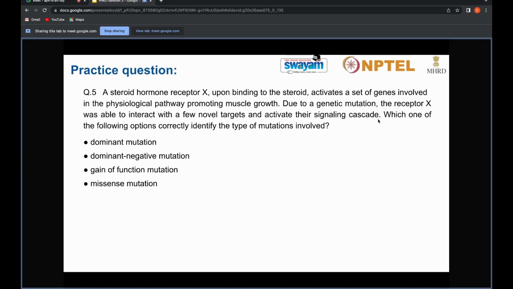Which one of the following options correctly identifies the type of mutation involved? The first is dominant mutation, second is dominant negative mutation, third is gain of function mutation, and fourth is missense mutation. In this they are saying it very clearly. It is a gain of function mutation.